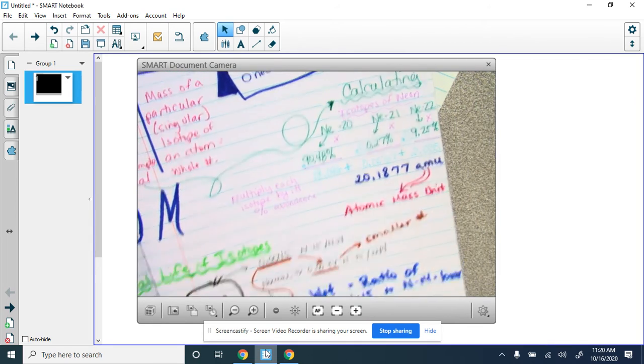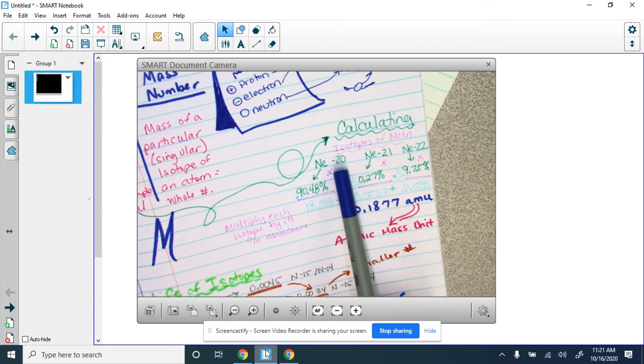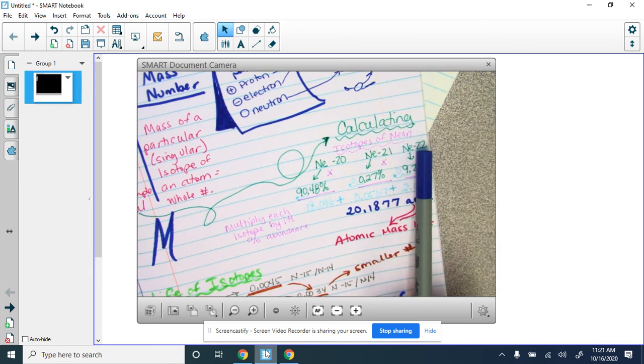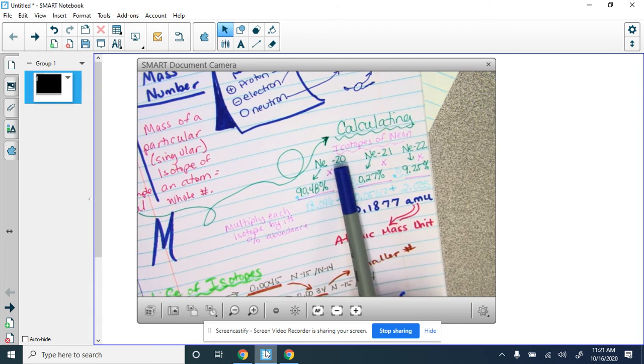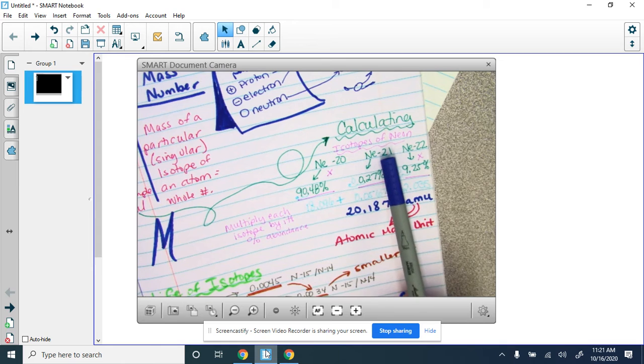So the sample that I gave you was about neon. In the world, for neon, we have neon 20, neon 21, and neon 22. Neon 20, there's the most of. We have 90.48% of neon 20. For the isotope of neon 21, that just means there's a mass of 21.